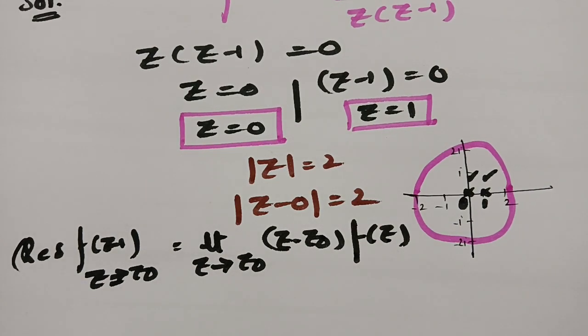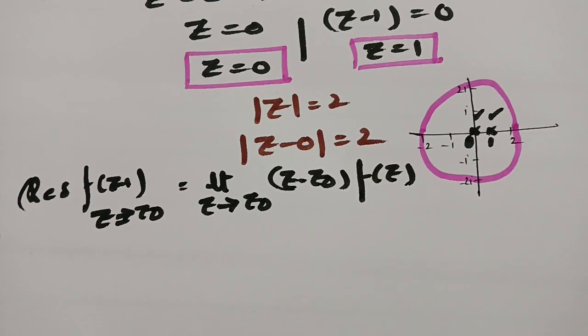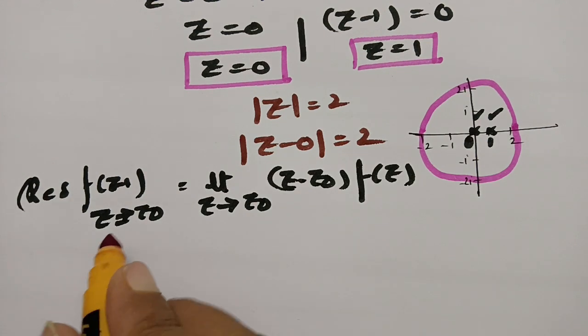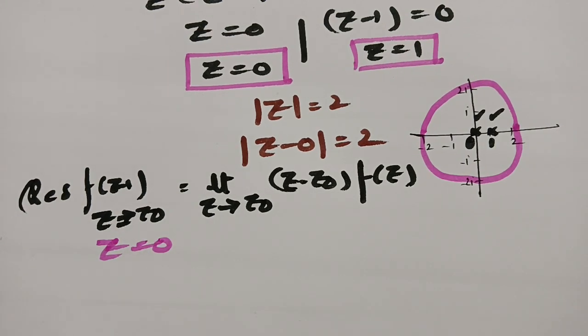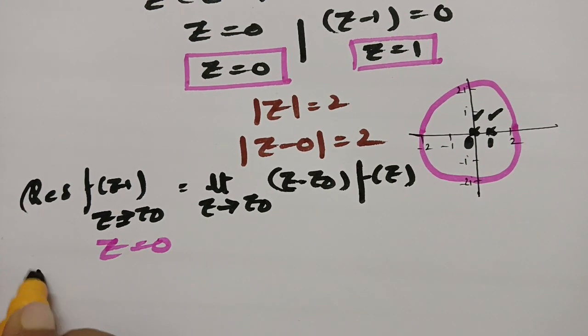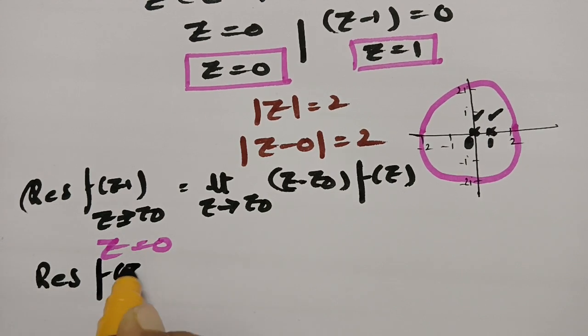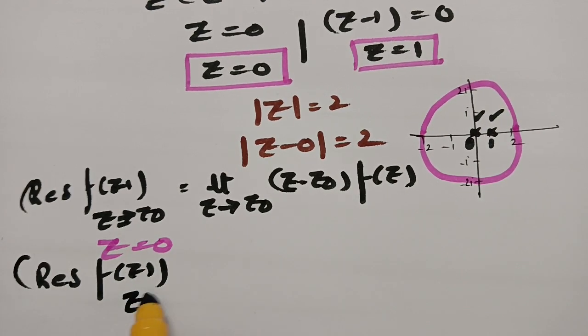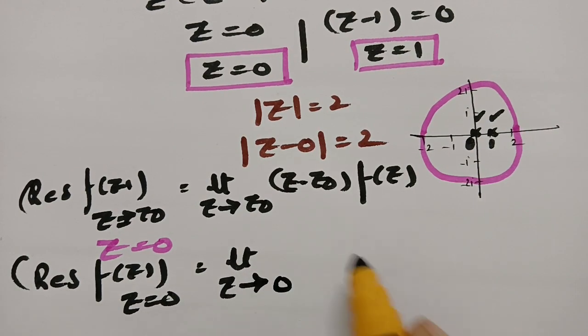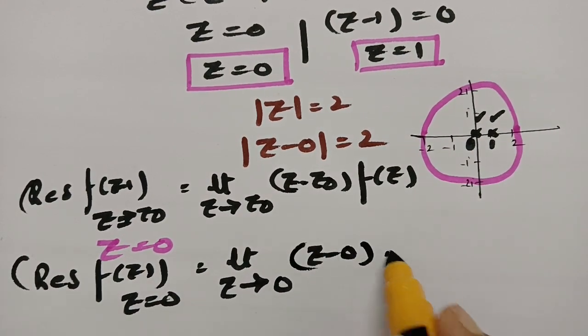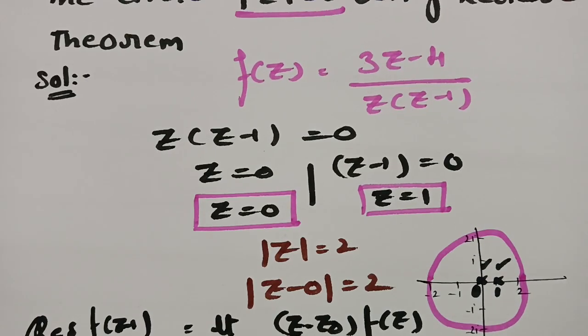So for the point 0, that is z = 0, the residue of f(z) at z = 0 is the limit as z tends to 0 of (z − 0) f(z). What is f(z) here?